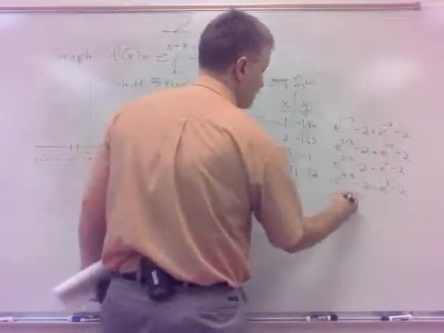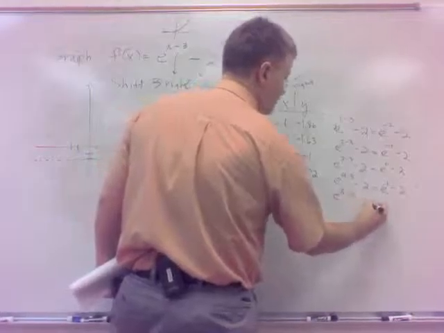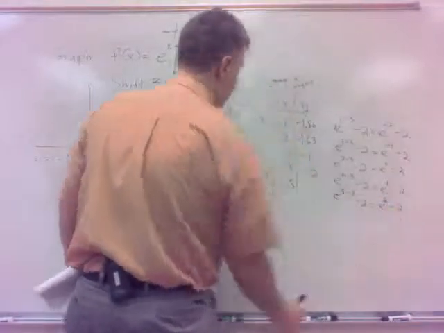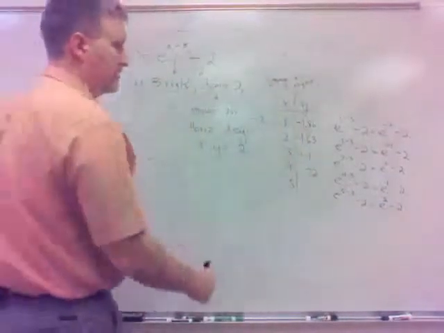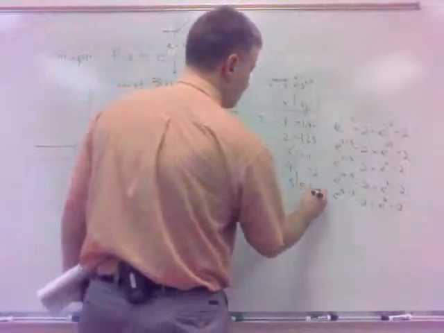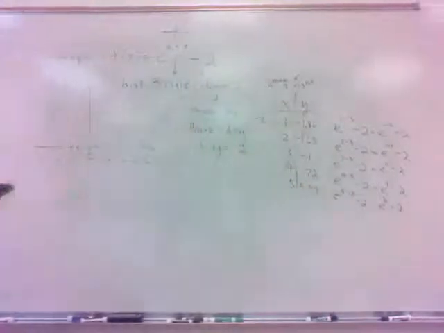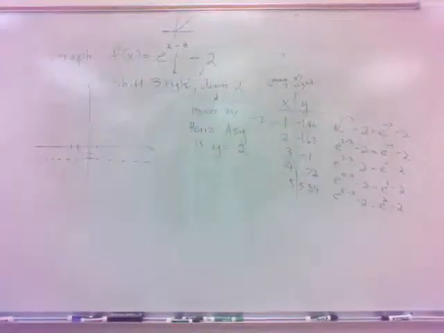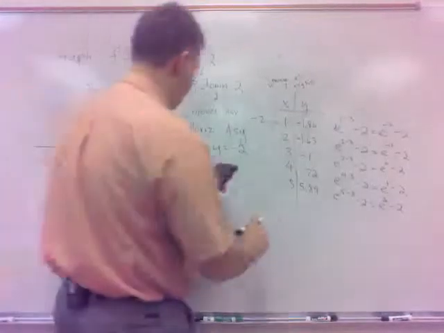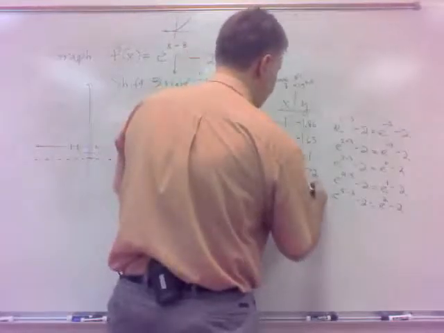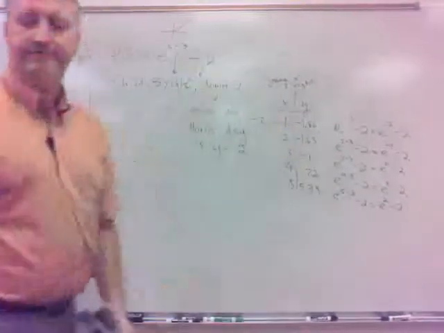And then x is 5, well, e squared minus 2, which is your 7.39 minus 2, so it would be 5.39. That was off a little bit.